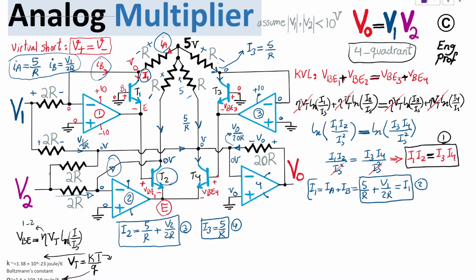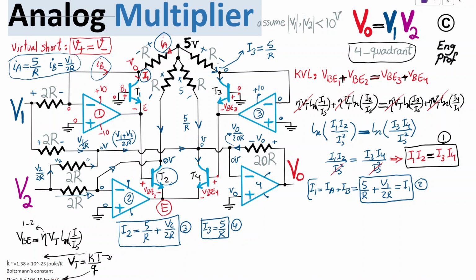And then the same thing for the one that goes through the lower 2R: across that we have 0 and V2, so that current is V2 divided by 2R. So this current that is going toward the last collector we want to talk about is simply V1 plus V2 divided by 2R. The sum of the two currents that are adding together in this node, writing a KCL effectively.